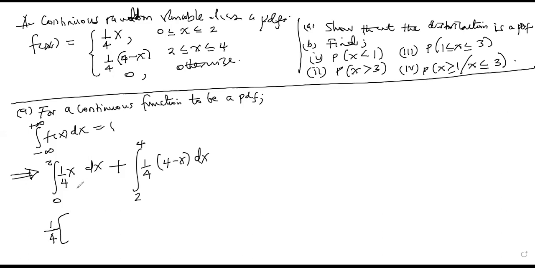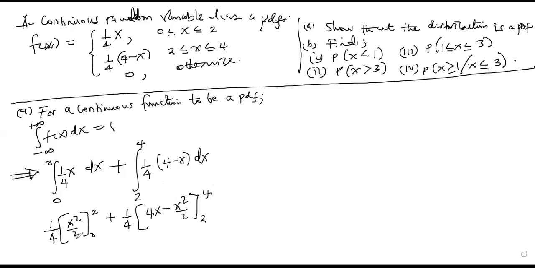When you integrate, you'd have x squared over 2 from 0 to 2, plus a quarter outside. When you integrate 4, you get 4x, and when you integrate x, you get x squared over 2. So minus x squared over 2 from 2 to 4.